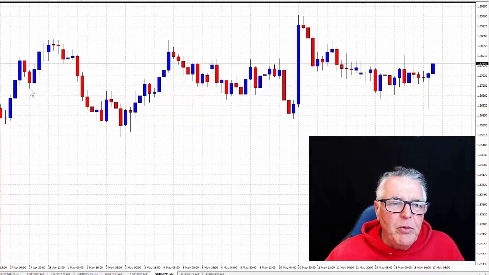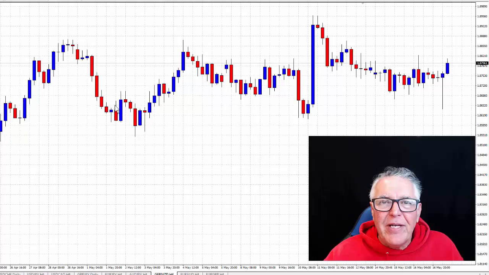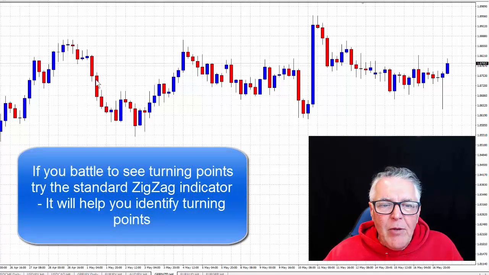As you can see, the price was moving up quite strongly over here, reached a particular price level and then was rejected and pushed in the other direction. So we can take that as a turning point. It then went down, all the way down, and then at a certain point it got rejected again and the trend changed direction and started moving in the other direction.